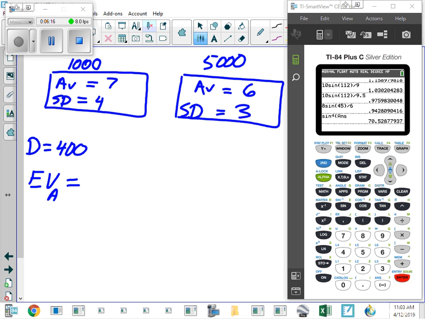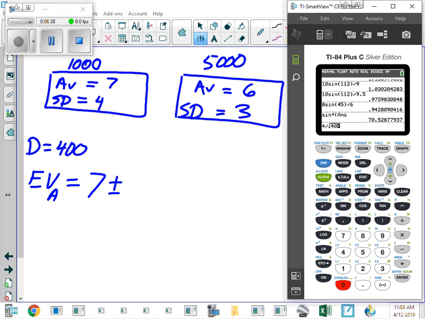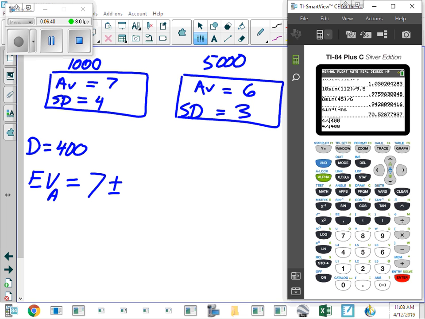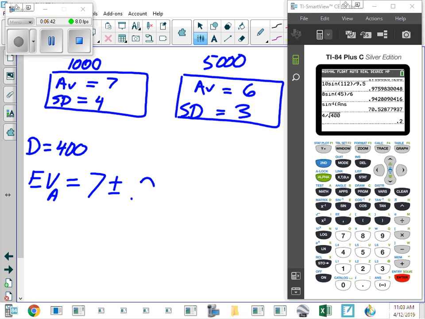It's going to be 7. 7 plus or minus what? The SE. Which SE am I going to use? SE average, because this is an average. So I take 4 and I divide it by the square root of 400, and I get plus or minus 0.2.